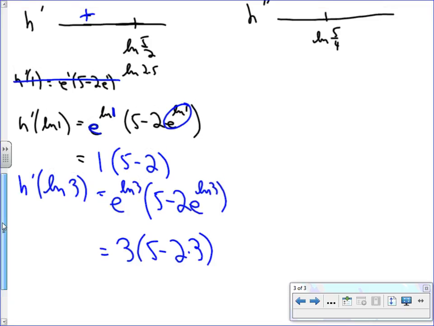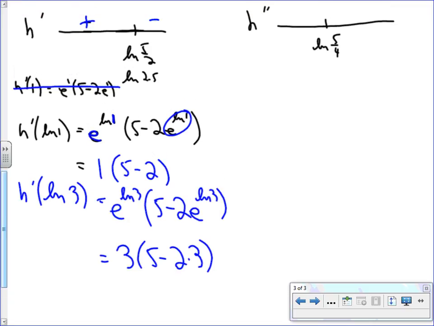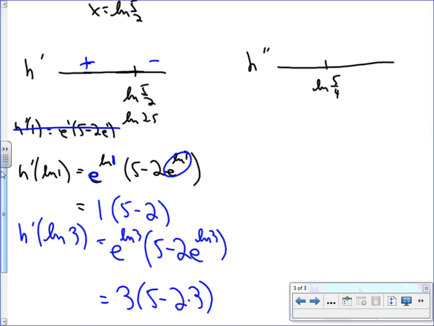Alright, I'm not going to work the next one. It's basically the same. We're just going to decide what would we pick, and then we need to get to the last example. So what would we pick for this one? What would be smaller than the ln of 5/4? This is the same thing as the ln of 1.25. Yeah.